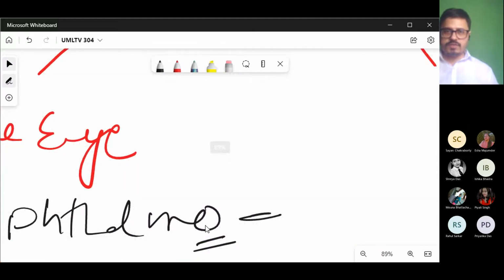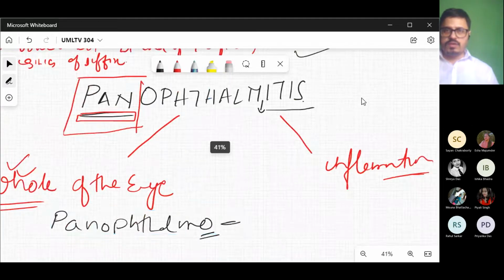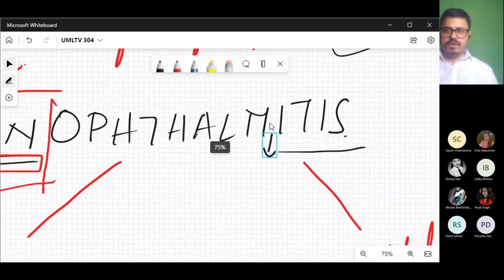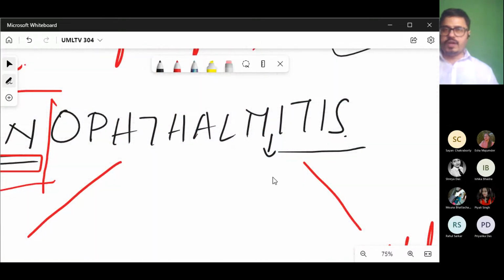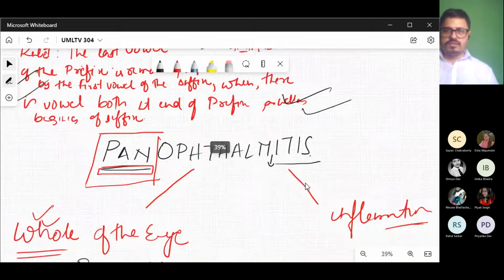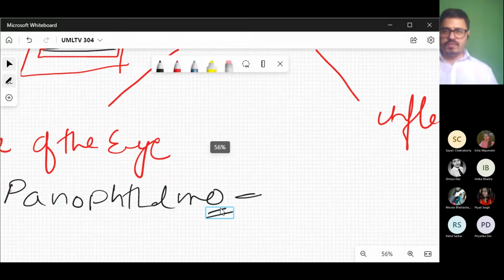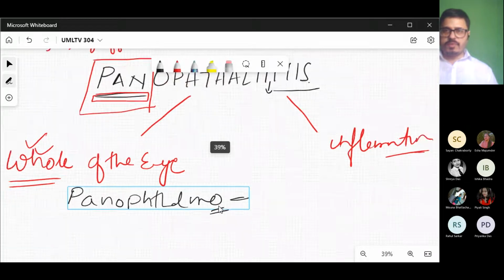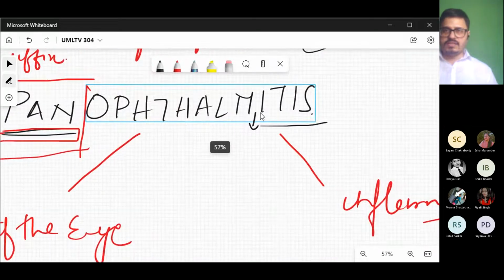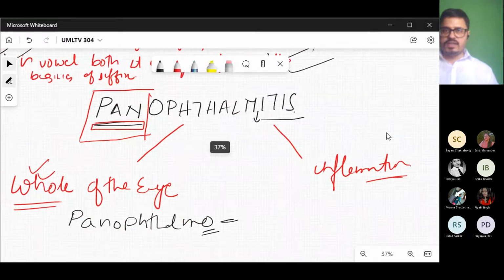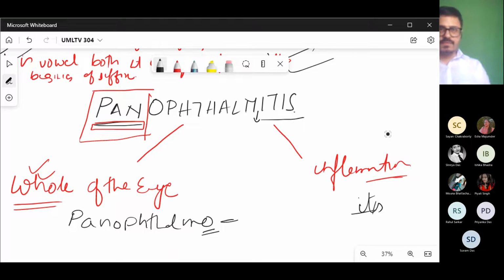This is the M, and just after M there is the O. But if you look into the term back, after the M, you do not find any O. So this O gets replaced. Which O? This particular O, that is the vowel at the end of the prefix, gets replaced by what? By this I. This I here is the starting vowel of the suffix, that is itis. Did you understand? Yes, sir.